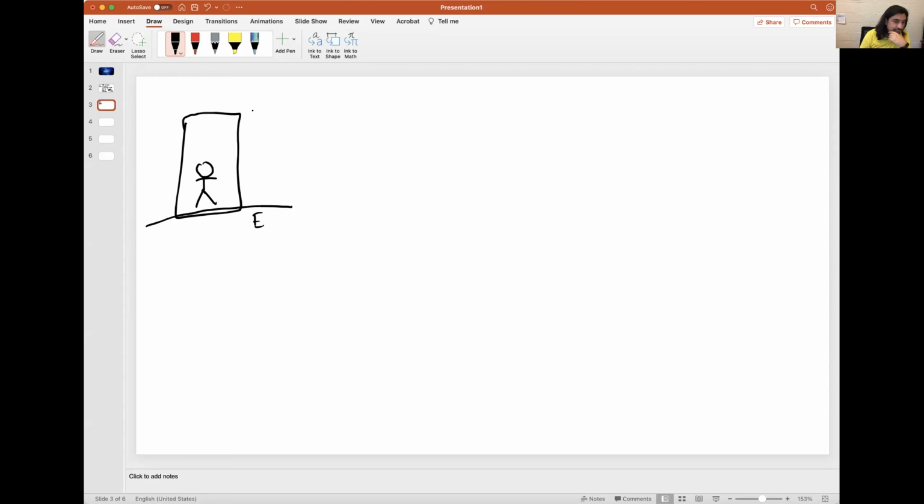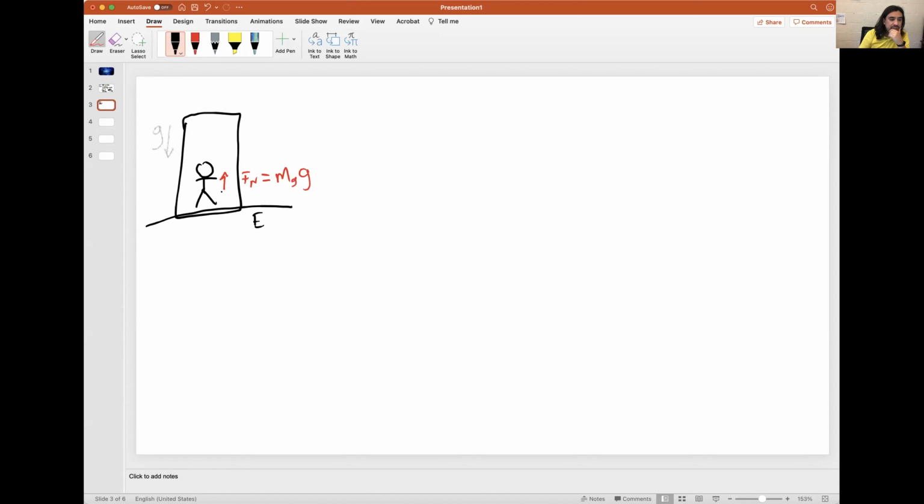So you would have a normal force pushing up on this person. And this normal force is equal to the gravitational force. So you're standing on the box like normal, right? And you just feel a pull down. That's due to gravity. So let me say that g is in this direction here.